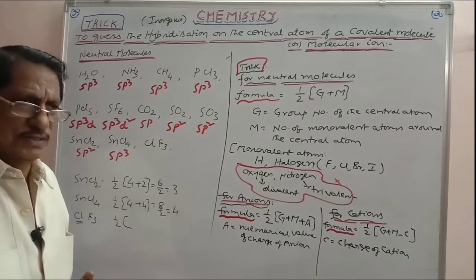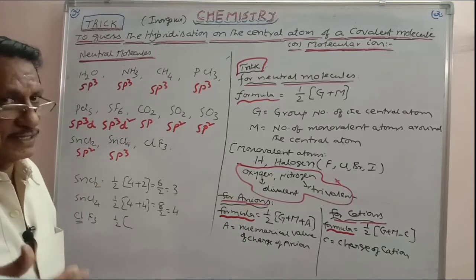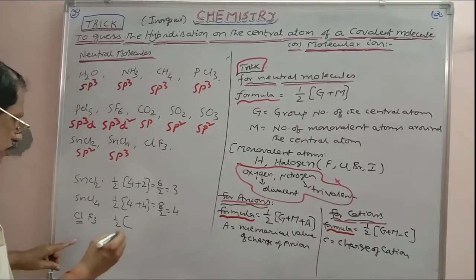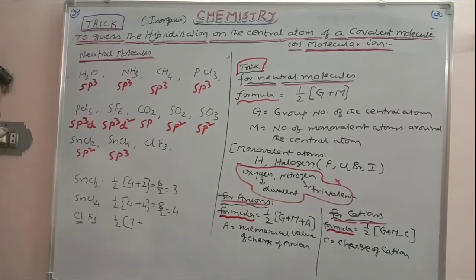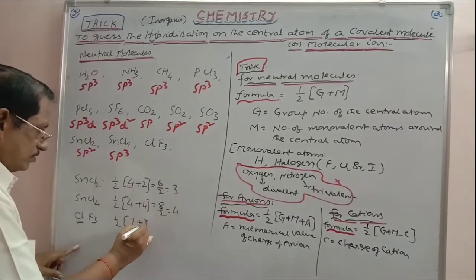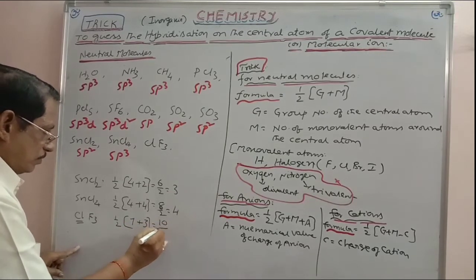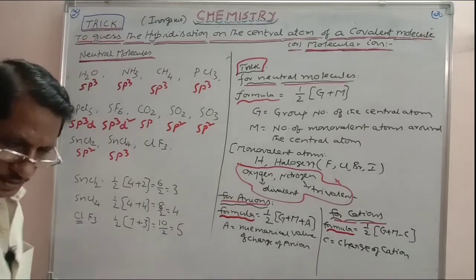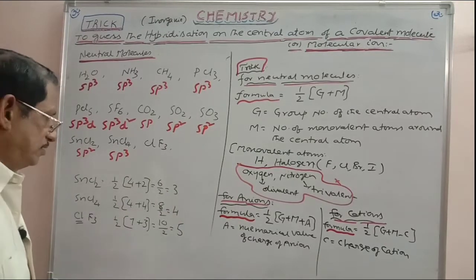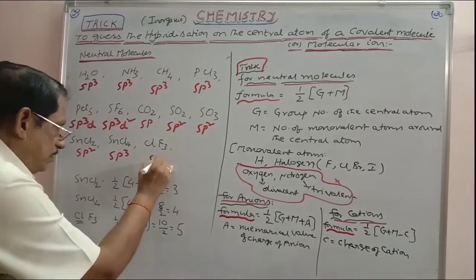This is an example of an interhalogen compound. Cl belongs to the 7th group, halogen family. How many surrounding atoms are there? 3. Fluorine is monovalent. So 7 plus 3, 10 by 2, 5. So when there are 5 orbitals in the hybridization, what is the hybridization? sp3d.